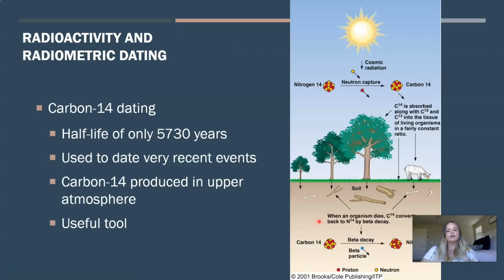Okay, so one radiometric dating technique that we use is called carbon-14 dating. This only has a half-life of 5,700 years or so, and this is really good for dating very young things. So looking at bones from very recent fossils, things like mammoths or saber-tooths, carbon-14 is very useful for things like that.